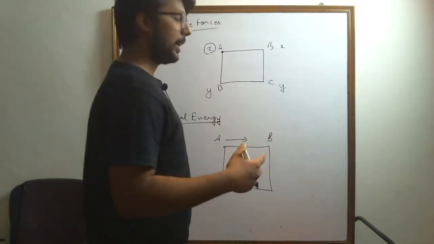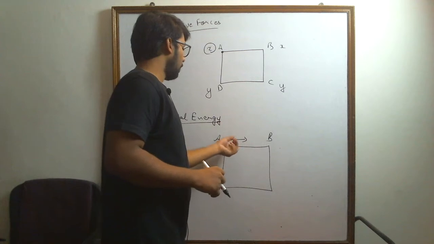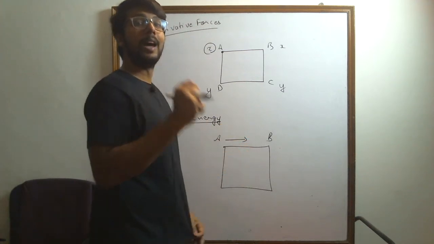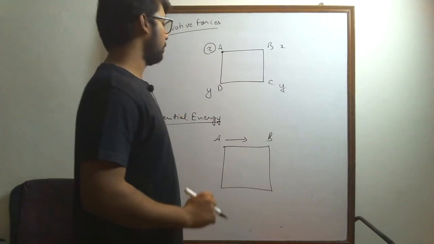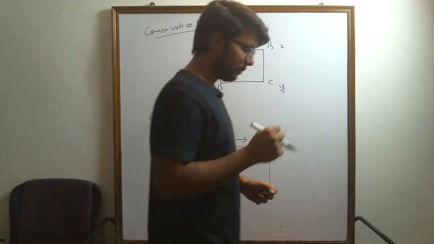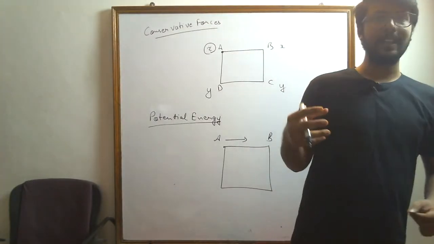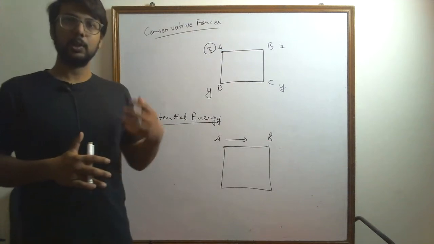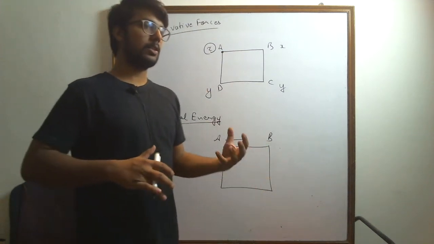So what I'm assuming is that there is some work done by this force slowly, without accelerating the object, to get it to point B. Why is this so important? Again, because if the particle gets accelerated, it will lose energy, because every accelerated particle starts losing energy.